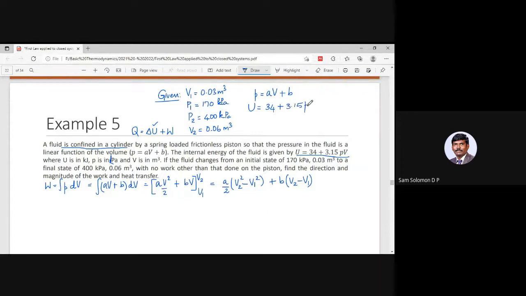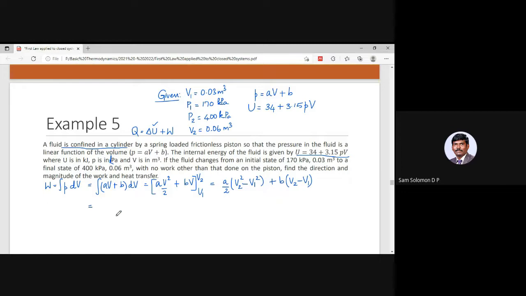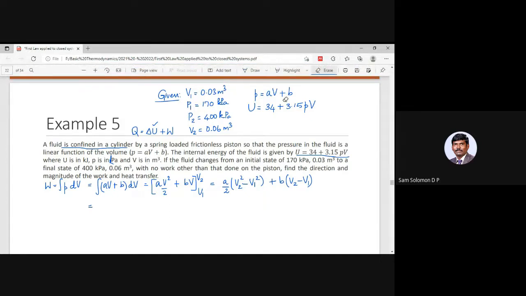Now if you substitute the values over here, they have not given the values of A and B. You should have the values of the constants A and B. So how do you get the values of the constants? They won't give them. We have to find them. Can anyone tell me how to get the values of A and B?